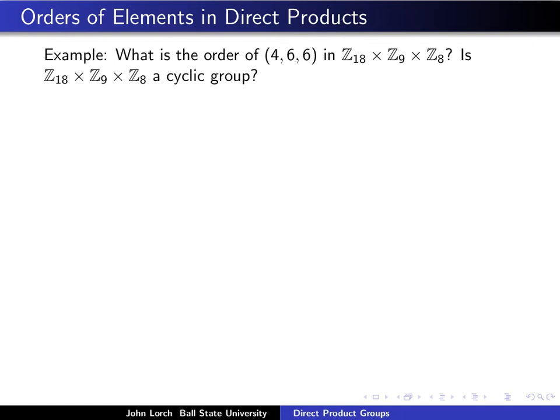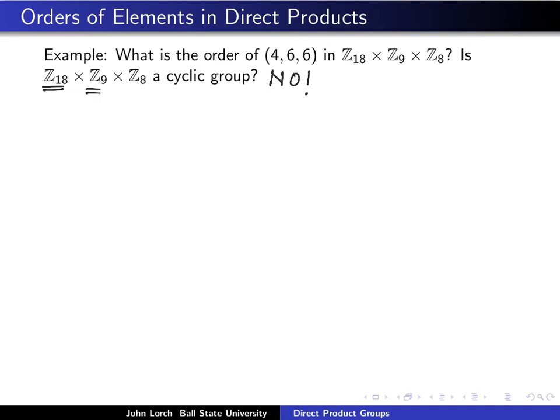And we see that that is not the case here, because 18 is the order of Z18, and 9 is the order of Z9. And 18 and 9 are not relatively prime, right? They both have 9 as a common divisor. So the answer to that question is no. That's by part 2 of the theorem.